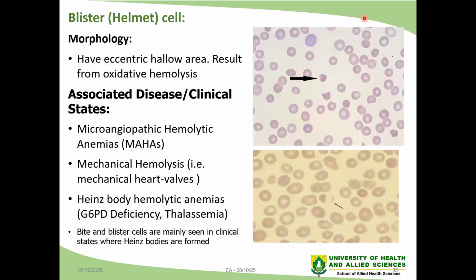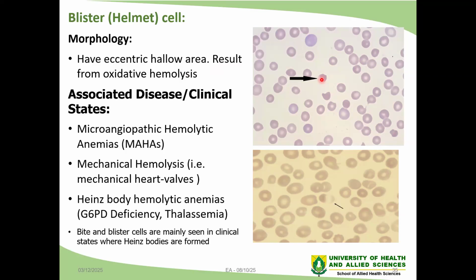We also have the blister cell, blister or helmet cell. In a way, this looks a little bit like the helmet or the bite cell. So here you have a red cell which has an eccentric halo area. If you say eccentric, it means that halo area is towards the periphery of the cell.